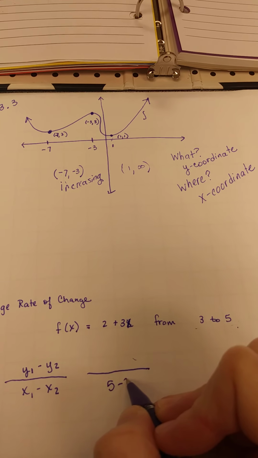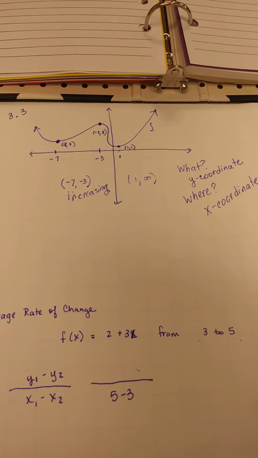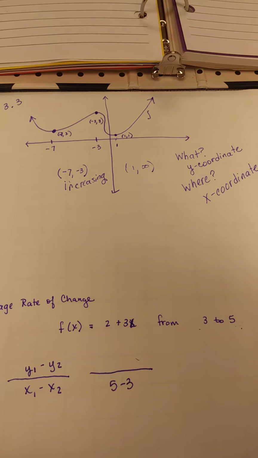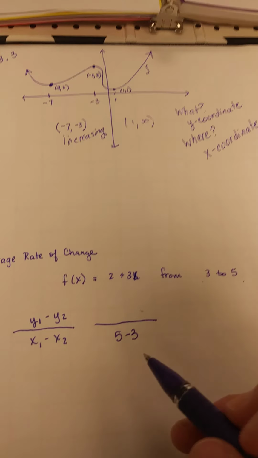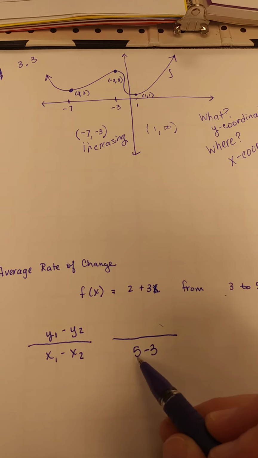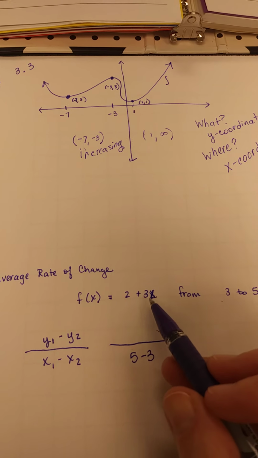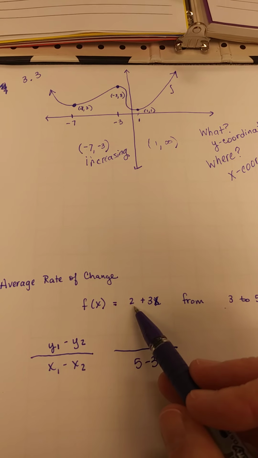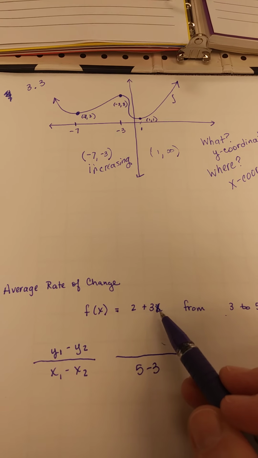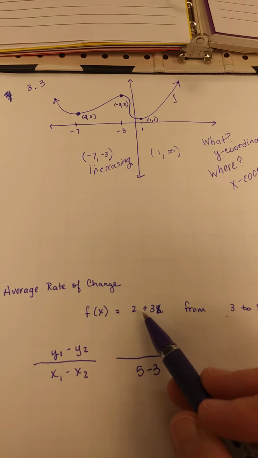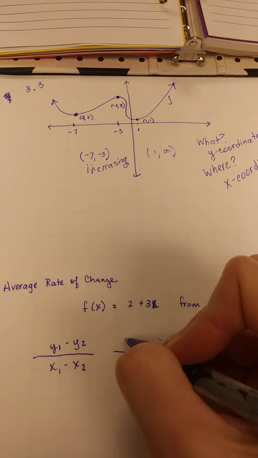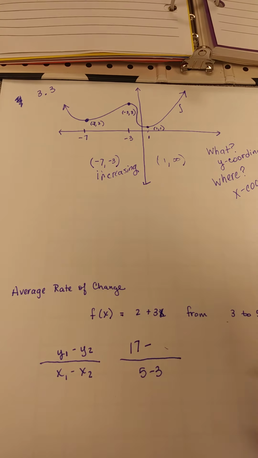So 5 minus 3 goes on the bottom, or 3 minus 5 if you don't mind getting a negative number. It doesn't matter what order. Now, take this first number, whichever one you used first, and plug it in. So I take the 5 and I plug it into here. So 2 plus 3 times 5. That's 2 plus 15. That's 17.